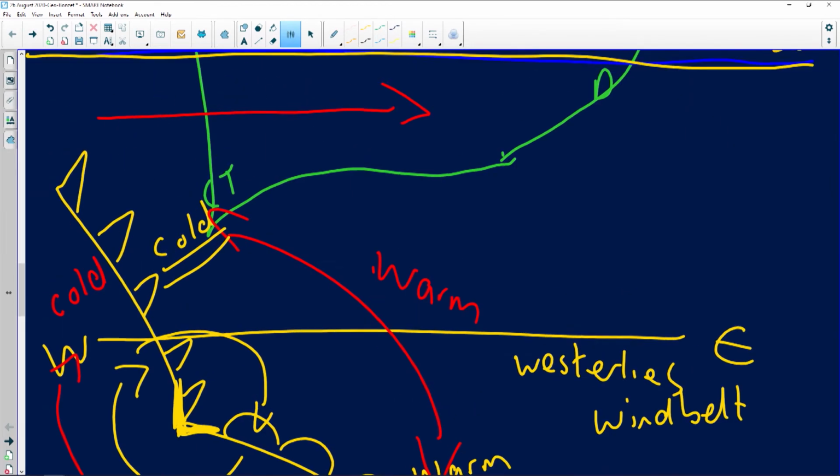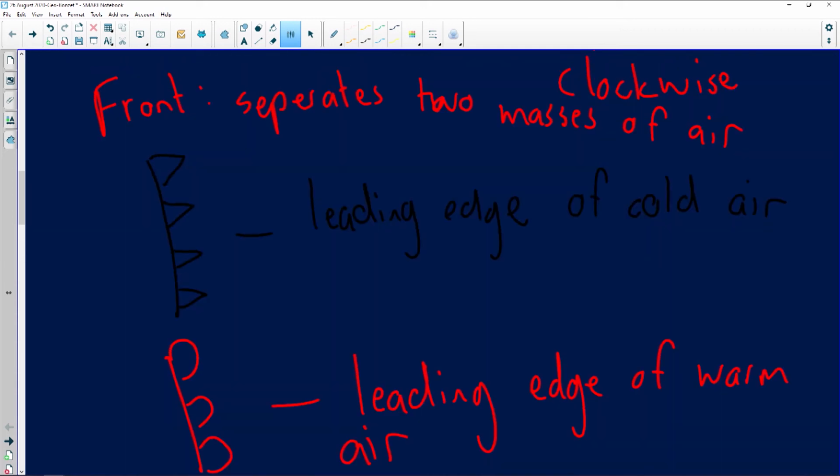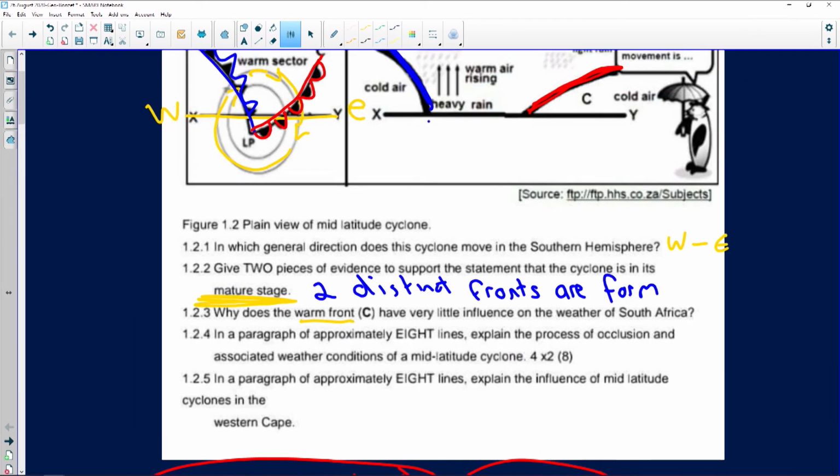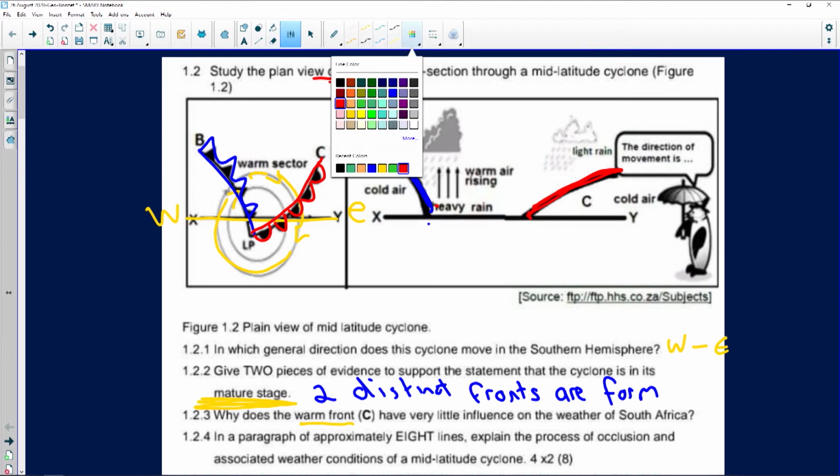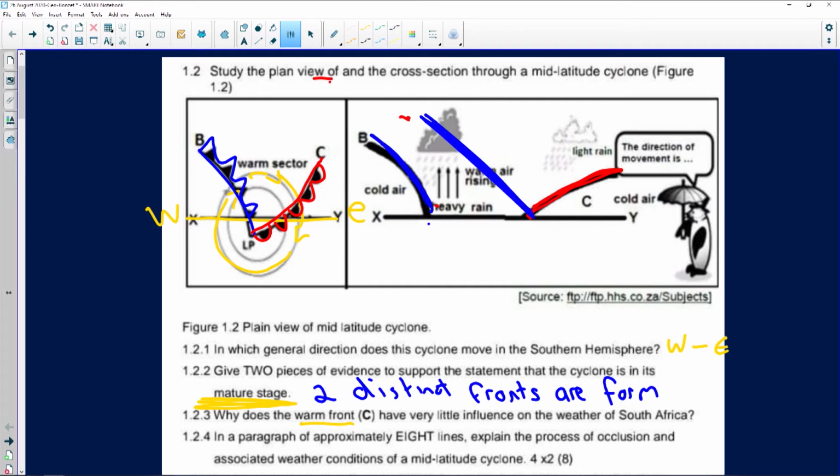So just to explain to you on this diagram that's been given to us, basically with the occlusion stage, this cold front is not there anymore, where it's situated over there. It's right against the warm front. I keep on using the red pen. The colors make it so easy to explain it beautifully. Okay, so that's where the occlusion stage is.